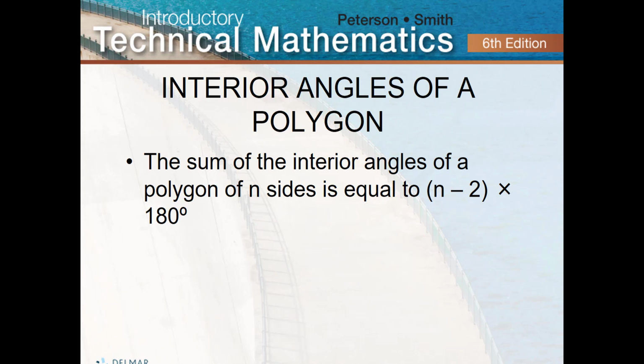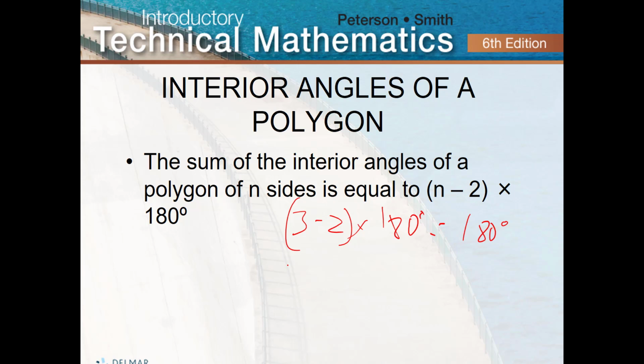So, handy note. The sum of the interior angles of a polygon of n sides is equal to n minus 2 times 180. A perfect example is a triangle. 3 minus 2 times 180 degrees is going to equal 180 degrees.